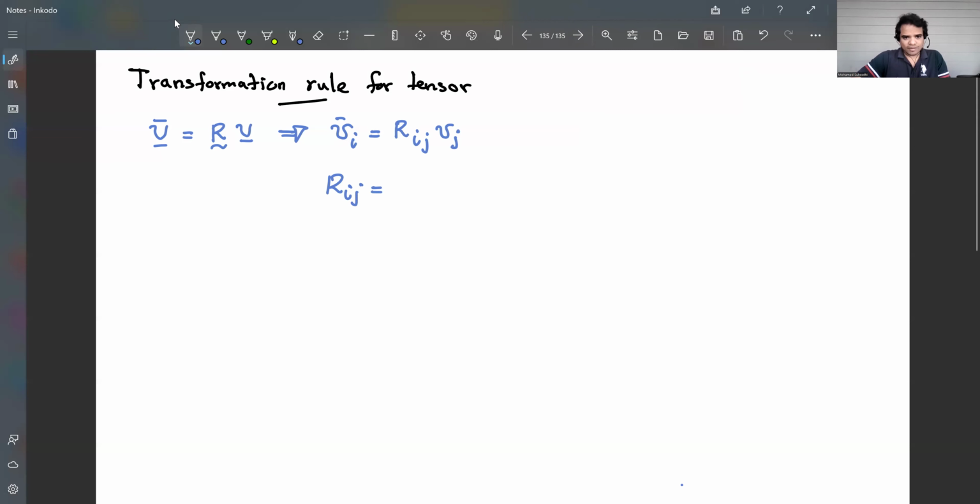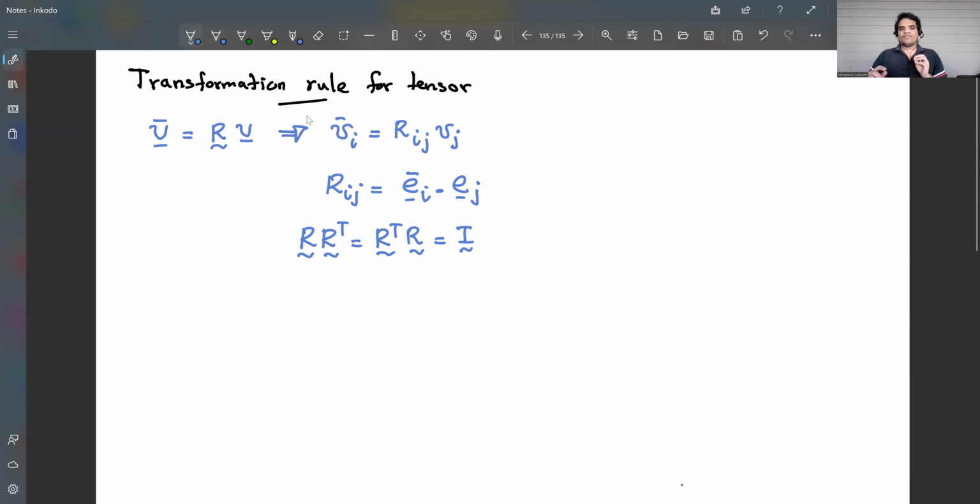This is the first one for the bar vector: Ei bar dot product with Ej unbar. This is your rotation matrix. Also you know that the rotation matrix R transpose times R is the identity matrix. These things you know already.